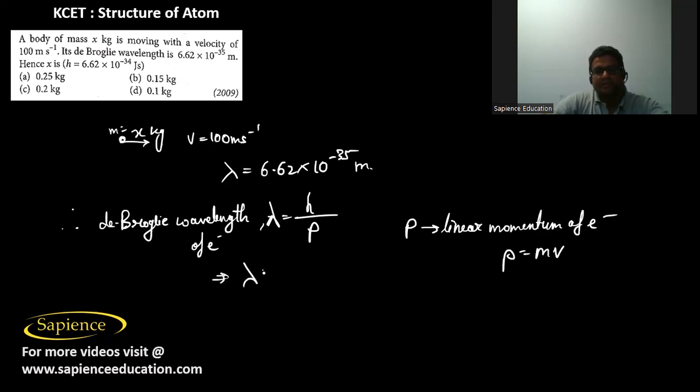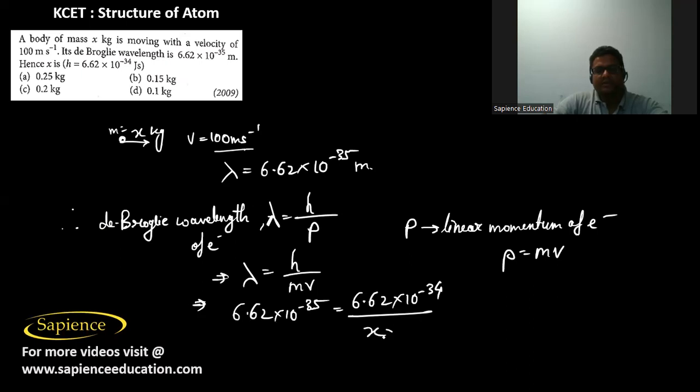Therefore lambda equals h by mv. Mass is given as x and v is equal to 100 meter per second, and lambda is given as 6.62 into 10 power minus 35, that is equal to h, which is 6.62 into 10 power minus 34, divided by m, that is x into v, that is 100.